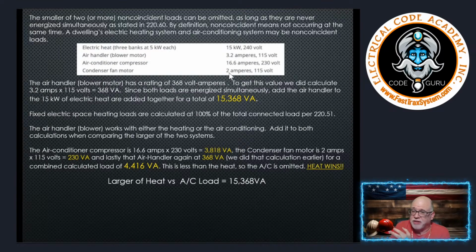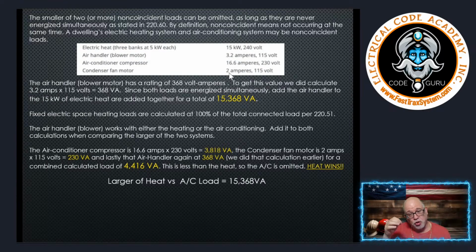So while we're doing this neutral contribution, I might as well write it down while I'm here. So all I'm going to do is take that 230 VA that was for the condensing fan, and I'm going to take that 368, which is for the air handler, and that is going to be 598.